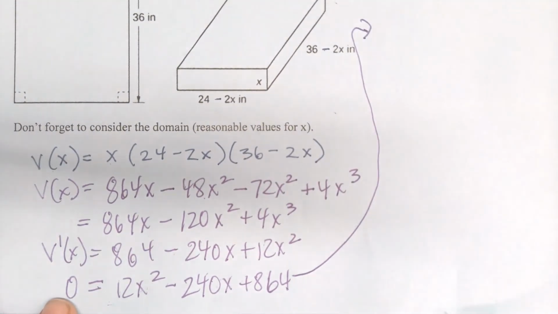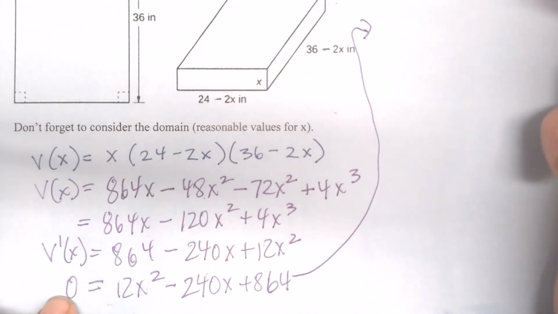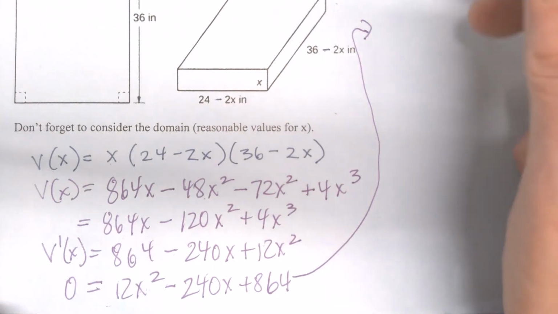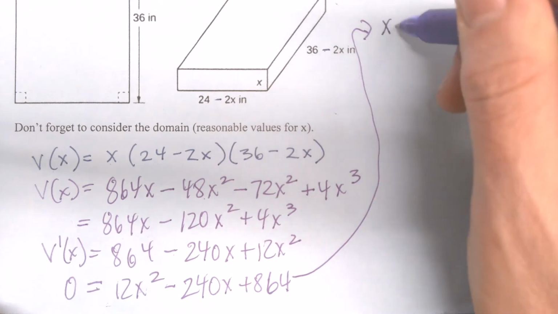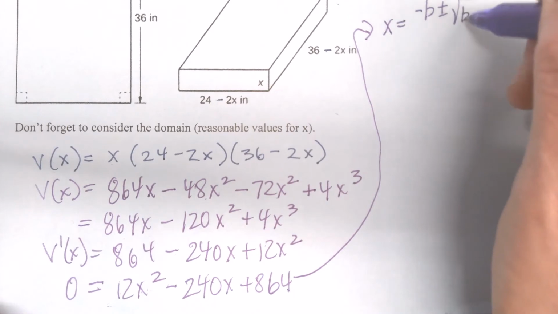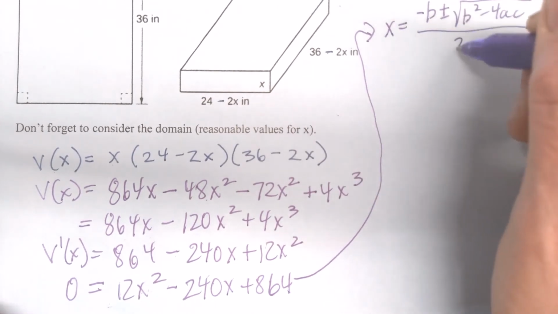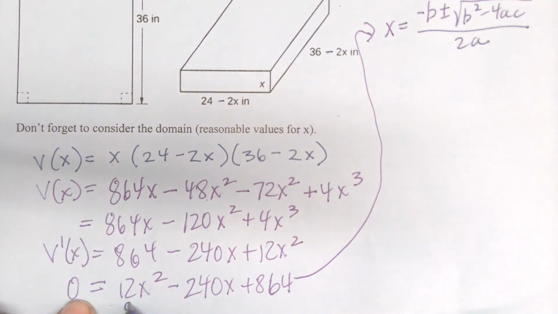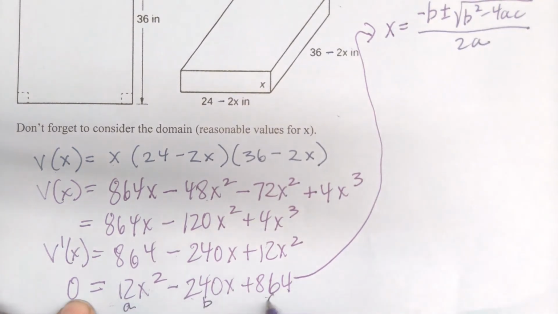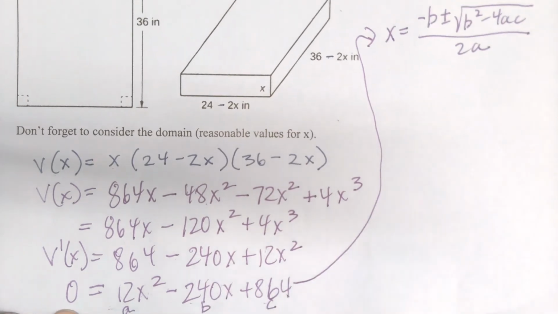And I don't know if you remember this from your days in Algebra 2, but you can use something called the quadratic formula, where x equals the opposite of b plus or minus the square root of b squared minus 4 times a times c all over 2a, where I have an a, b, and a c. And this is going to save me from having to guess and check with such big numbers.